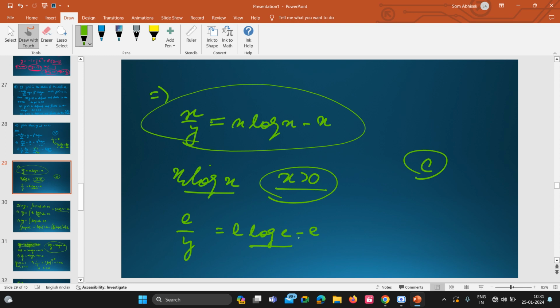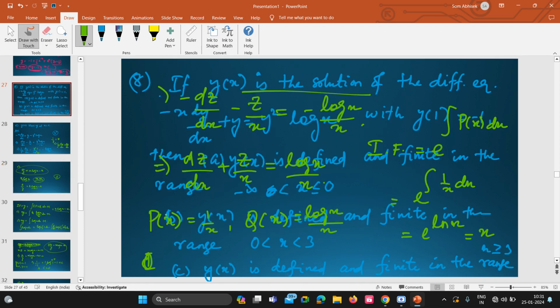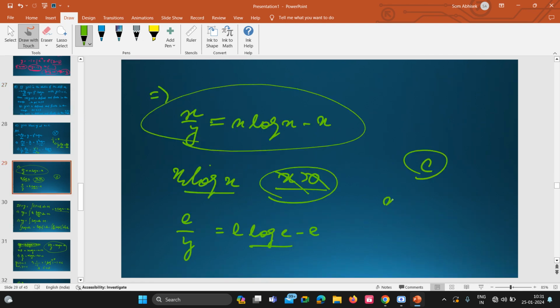Option C says y(x) is defined and finite in the range x greater than or equal to 0, so anything x less than 0 will not be defined.